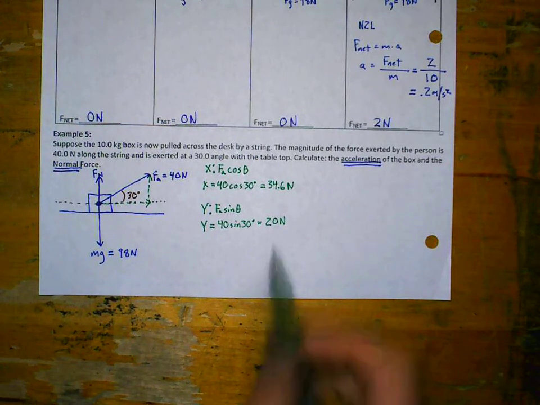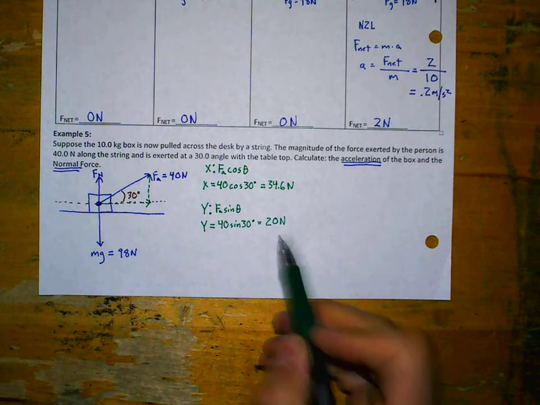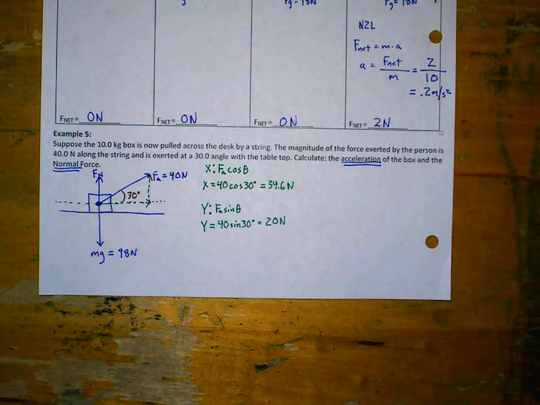Okay, who can raise their hand and tell me what the 20 newtons is doing in this situation? Okay, what do we got? Okay, the 20 newtons is horizontal though. Normal force is going to be vertical. So what is the 20 newtons?